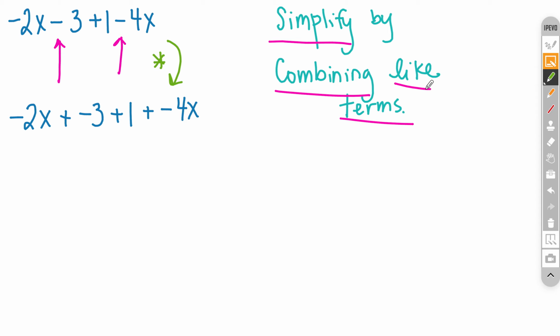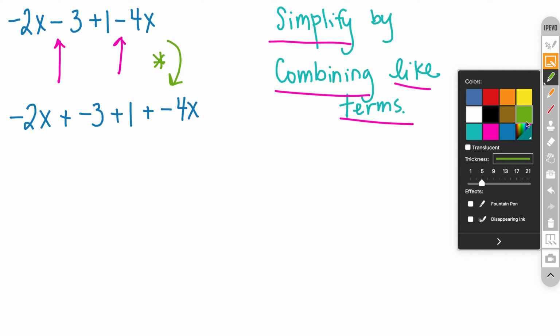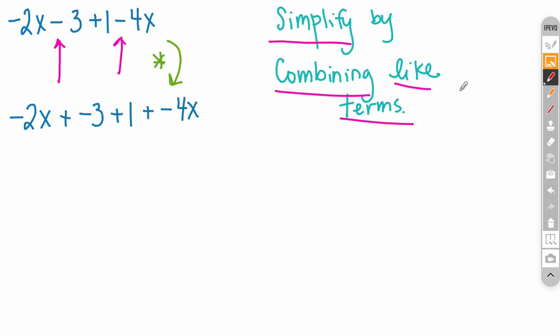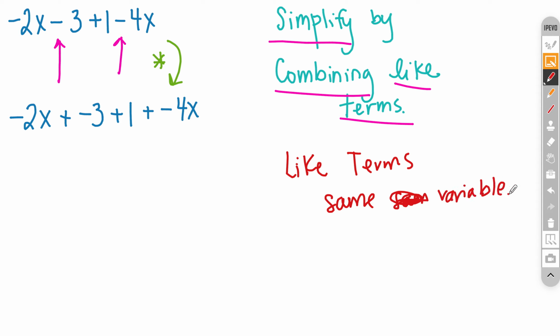So now, since we've done that, we can look at what are the like terms and combine like terms. So for a minute, let's discuss what are like terms. Like terms are the ones that have the same variable. Okay, so here, negative 2x and negative 4x, those terms have the same variable, namely the x.